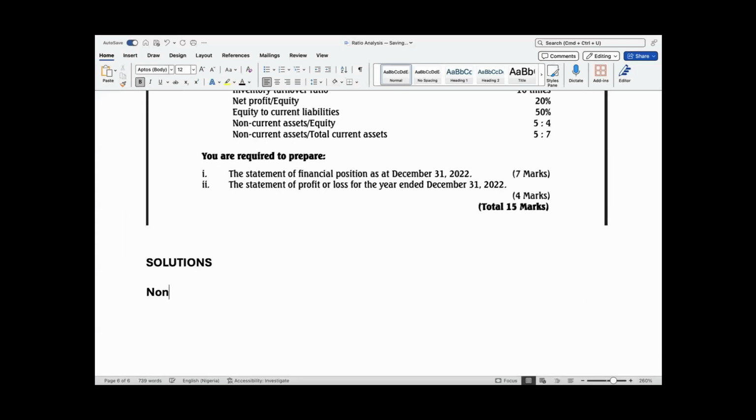They gave me the non-current assets to equity ratio. The examiner gave me as 5 to 4, and you know that 5 to 4 means 5 all over 4.